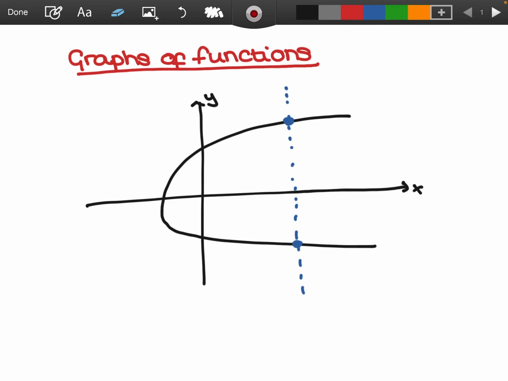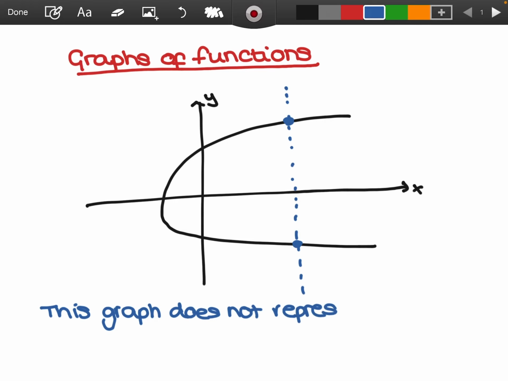That tells me that this graph does not represent a function, as it doesn't pass the vertical line test.